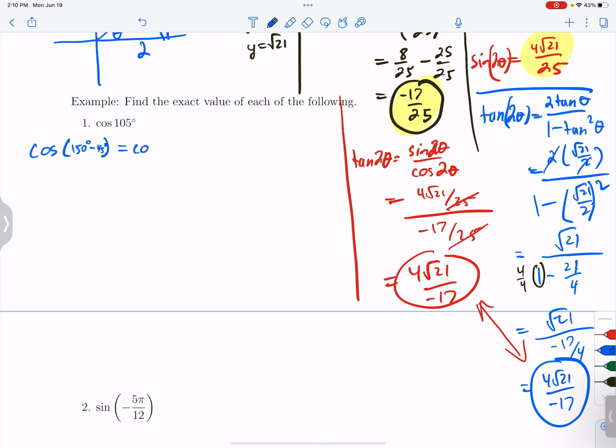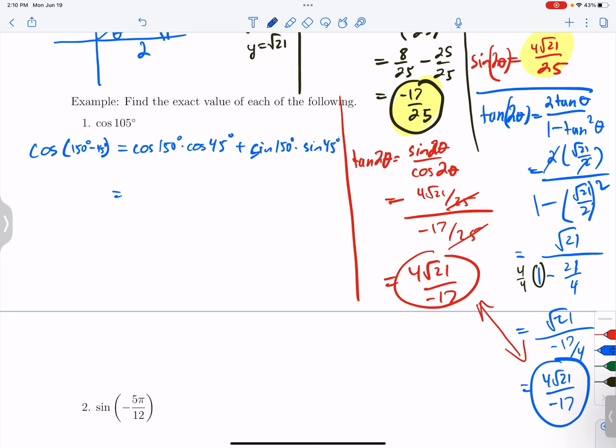So this is going to be cosine of the first times cosine of the second plus sine of the first, 150 degrees, times sine of the second, and then we just evaluate this.